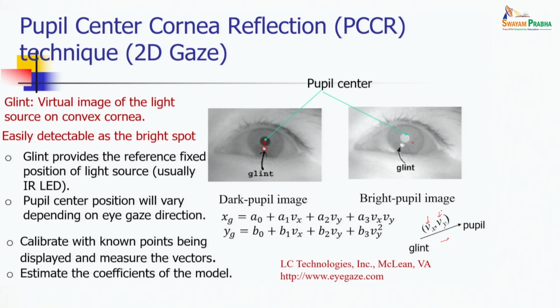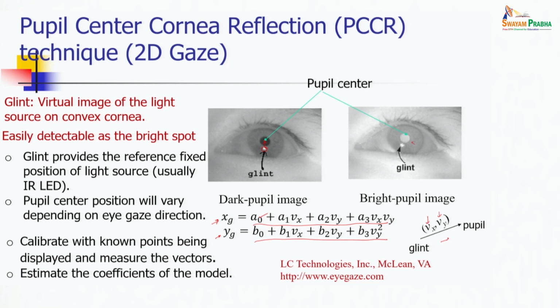As you see, this is the x coordinate of the gaze location and the y coordinate of the gaze location, and they are functions of the components of these vectors. These are the coefficients. So how many unknowns are there? There are 8 unknowns and 2 equations. So at least you require 4 known measurements to estimate these coefficients.